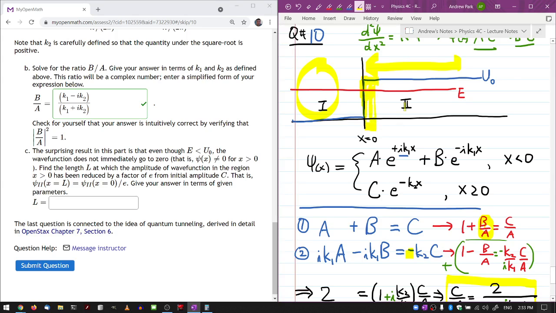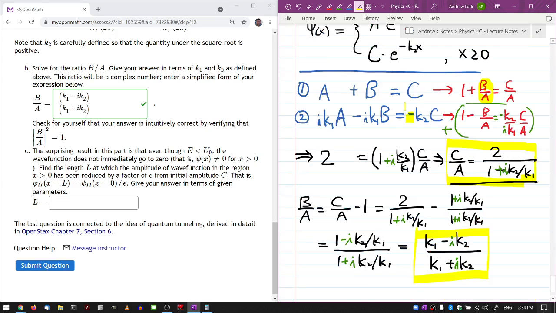So it's asking: find the length L at which the amplitude of the wave function in the region x greater than 0 has been reduced by a factor of e from initial amplitude c.